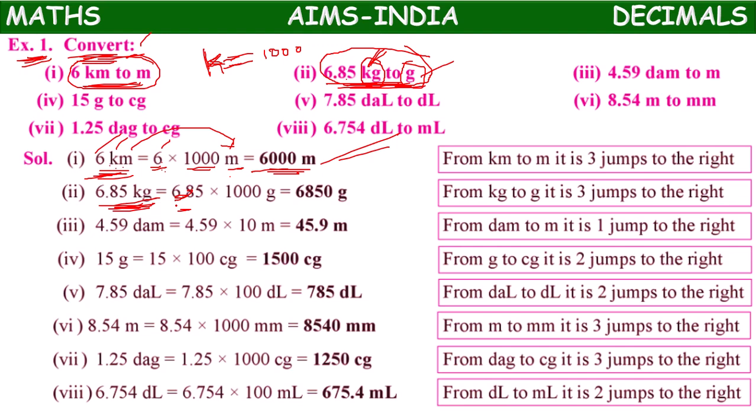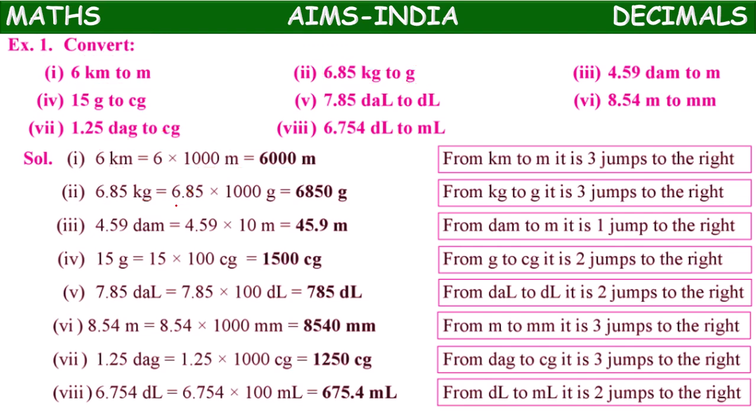In 6.85 kg, instead of kilo, we will mention 1000 here, and gram we will take as it is.